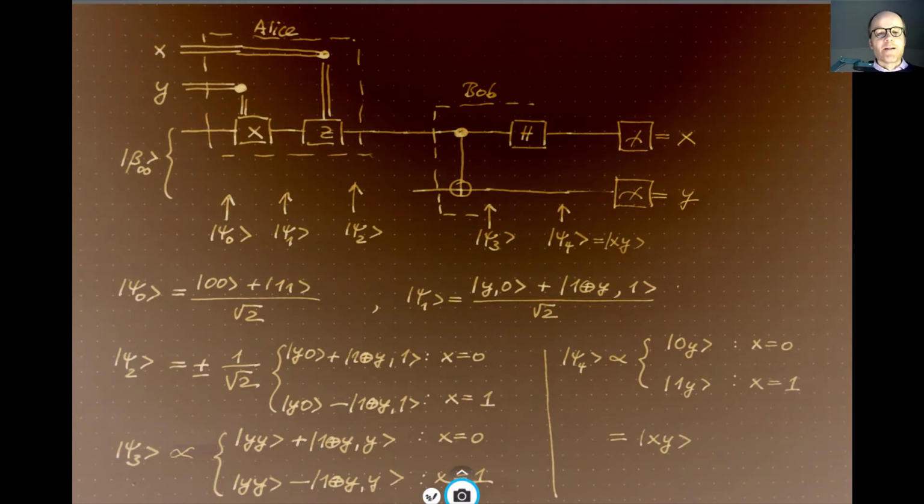And we are done. Bob has now, after his measurements, obtained the two classical bits, x and y. And all that was transmitted physically in the course of this protocol was just a single qubit, namely Alice's member of the Bell pair.